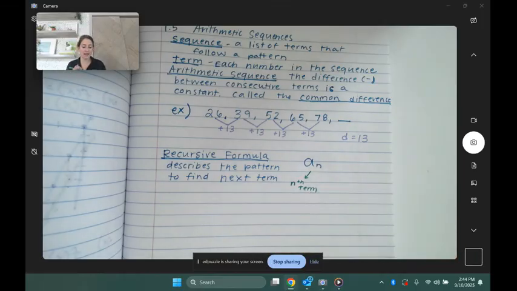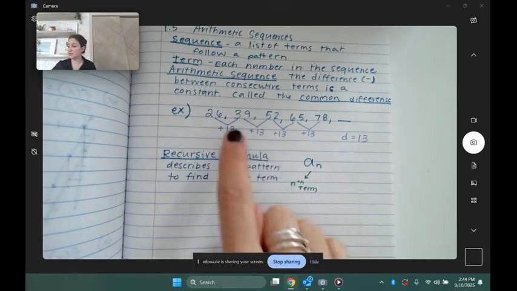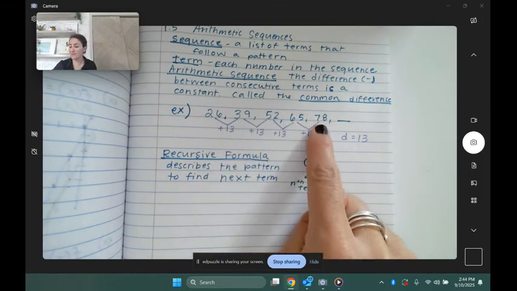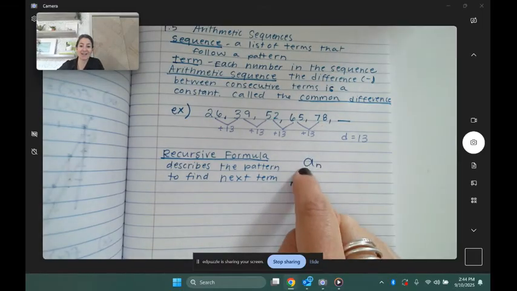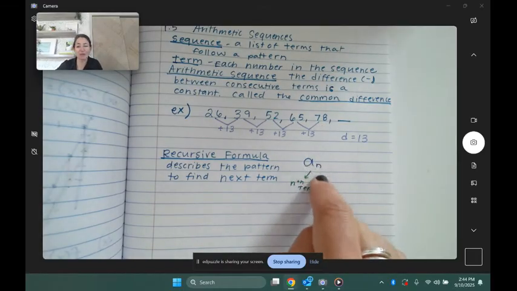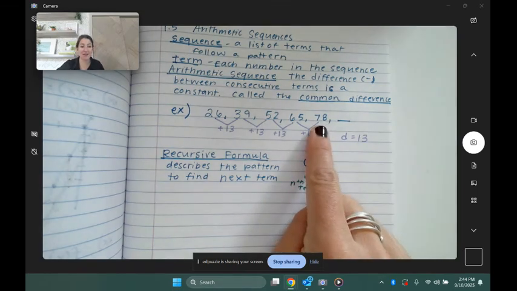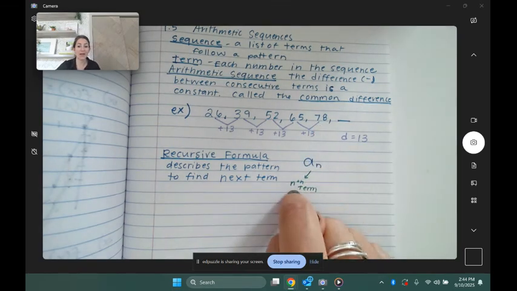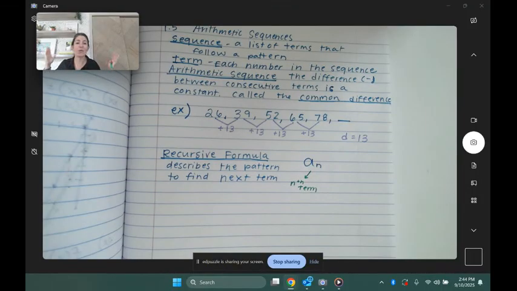So if I said, find the fifth term in my sequence up here, 1, 2, 3, 4, 5, the answer would be 78. If I said, find a sub 5, a with a little 5, the answer would be 78. What's the fifth term? So nth term is just any one of them, any number.